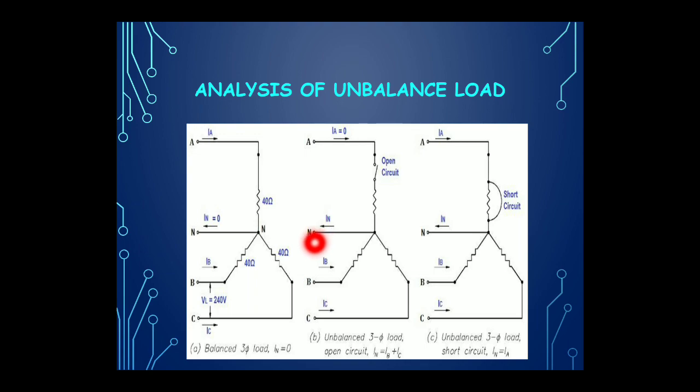That is the unbalanced load. And in the third diagram you can see that this path is short circuited. That means the IA current is infinity or very high. So it is also unbalanced in nature. That means when the phase currents of each phase are not equal to each other, then this line will be treated as an unbalanced line, or the loads are unbalanced loads.